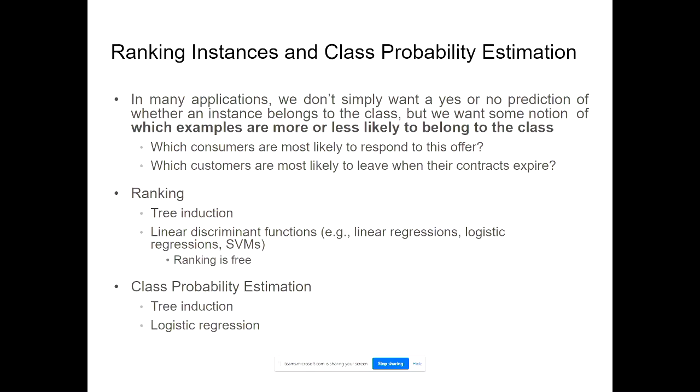You can say, all right, well, I have enough resources to target the top 400 customers. So then you could go down the list according to likelihood of responding to the offer and cut off the top 400 customers that way. So that could be really useful. So probability could be helpful with determining ranks.